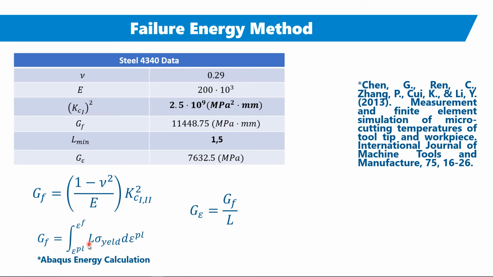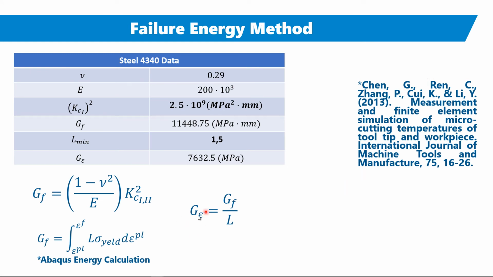So there is another way to calculate the GF, which is this way. It depends just on the material properties, that is the Poisson's ratio, the Young's modulus, and the fracture toughness, which can be in tension or in shear. Of course, it needs further discussion, but the general idea is like that.